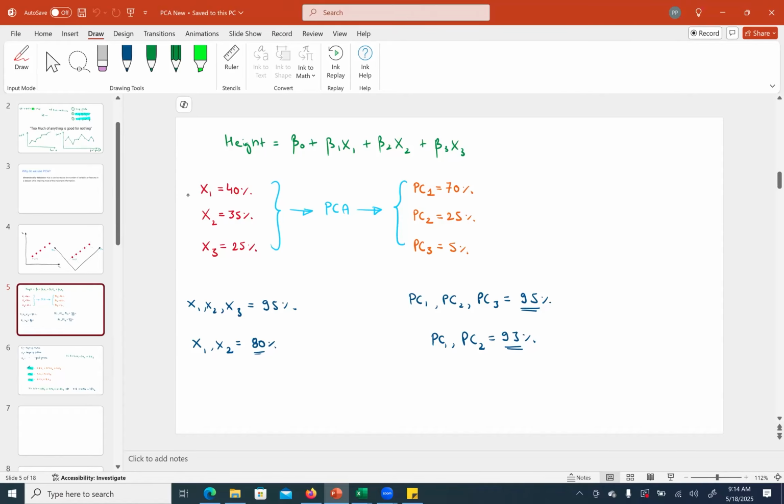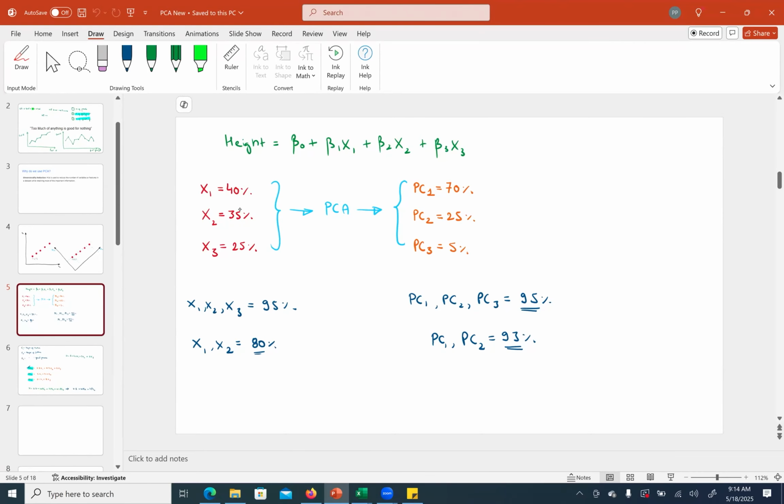The number of variables are 3 only. Right? So where is the difference? The difference is in terms of how the information is distributed. In first case, first variable was 40% important, second variable was 35% important, third variable was 25% important.